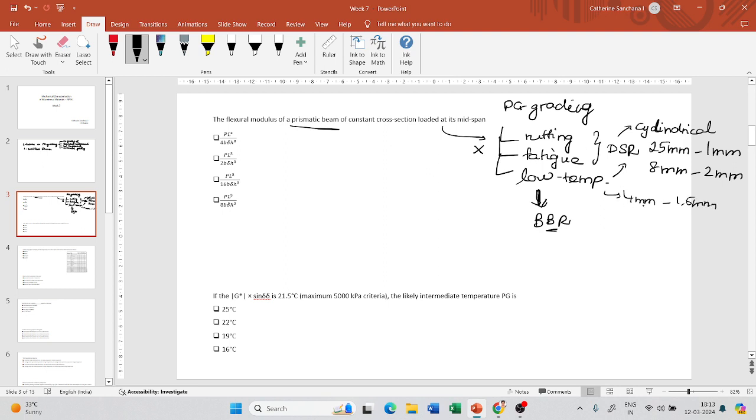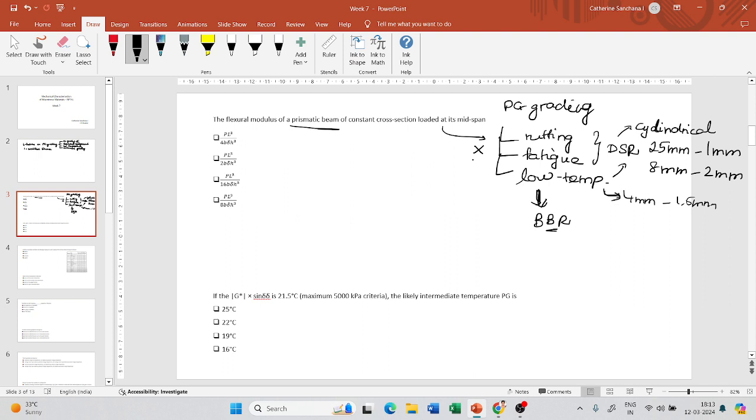There are many studies evolving to use a dynamic shear rheometer itself to find out the low temperature grade of bitumen, but it is yet to be implemented in ASTM, or we do not know when this implementation will be made.